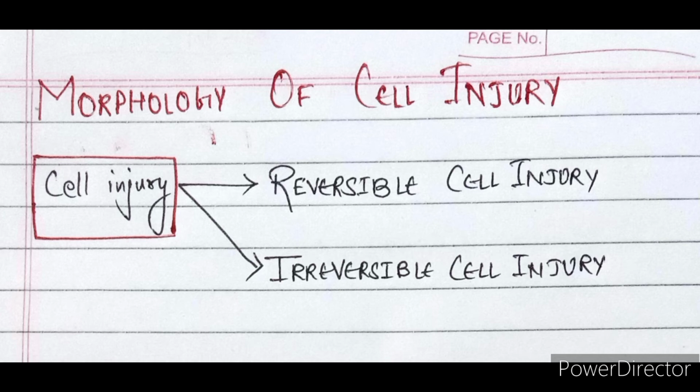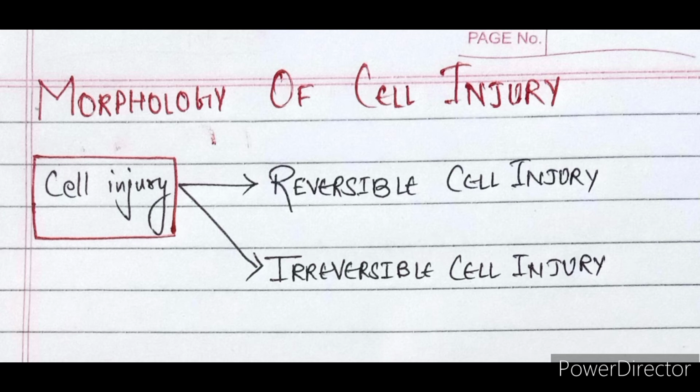So cell injury is of two types, that is, reversible cell injury and irreversible cell injury. If a cell injury is mild and transient, then the cell will go through reversible injury, such as cellular swelling and fatty change.